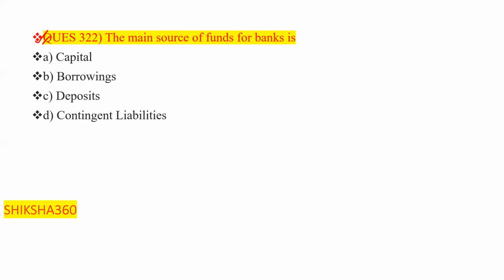Capital is also a source, borrowing is also a source, deposit is also a source, but the main source of funds for the bank is deposits. So option C is our answer. Now move to the next question.